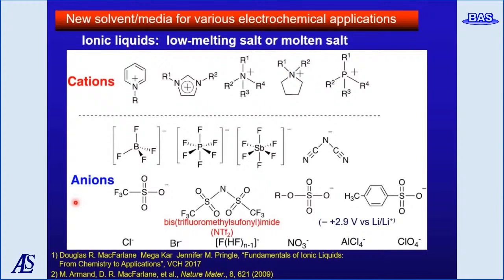Here are the chemical structures of cations and anions used in ionic liquid.